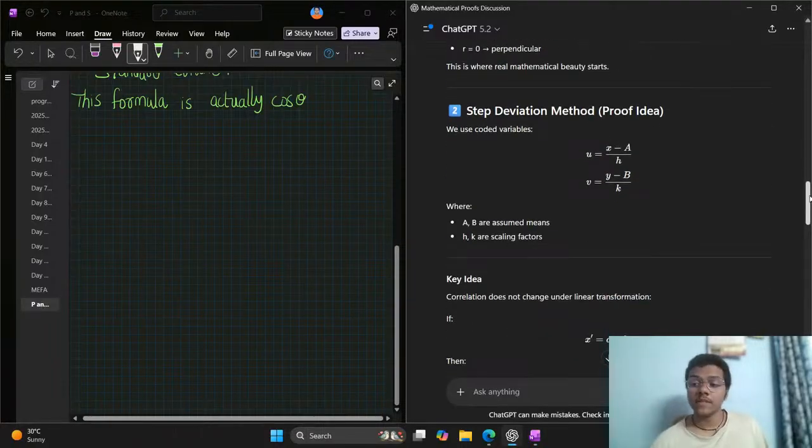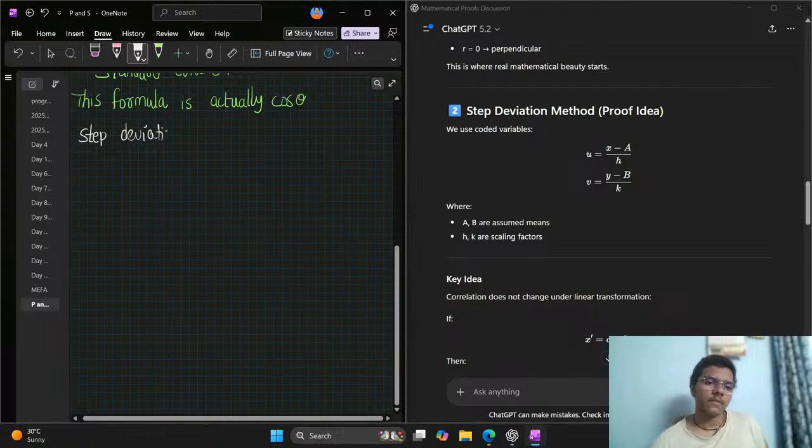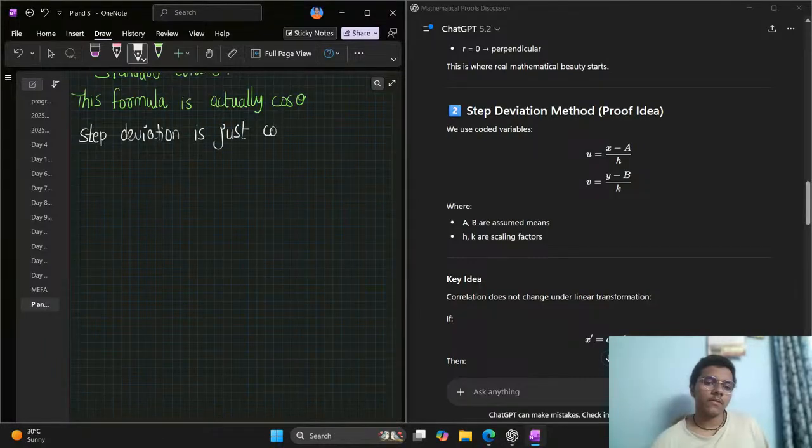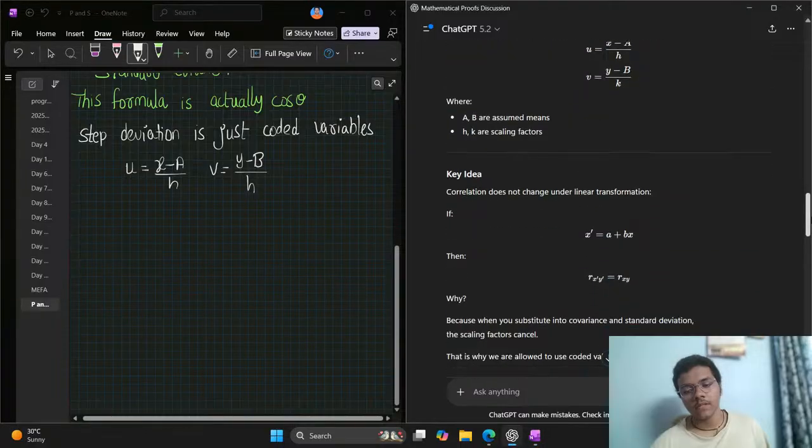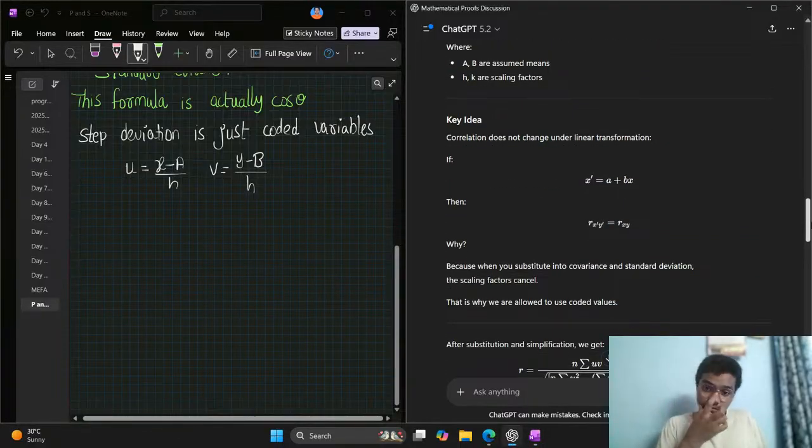Step deviation method: step deviation is just coded variables. Yes, he is now talking like a CS major. u is equal to (x minus a) by h and v is equal to (y minus b) by k. a and b are assumed means, and h and k are scaling factors.